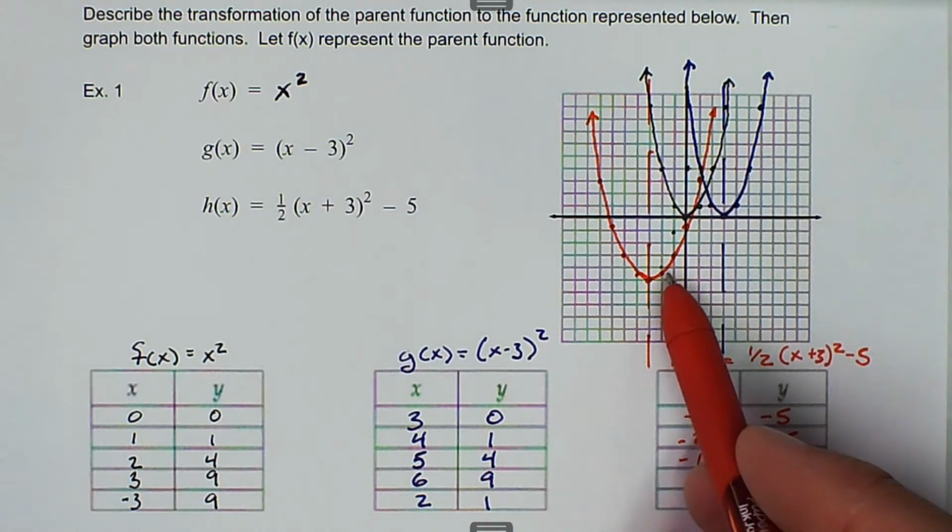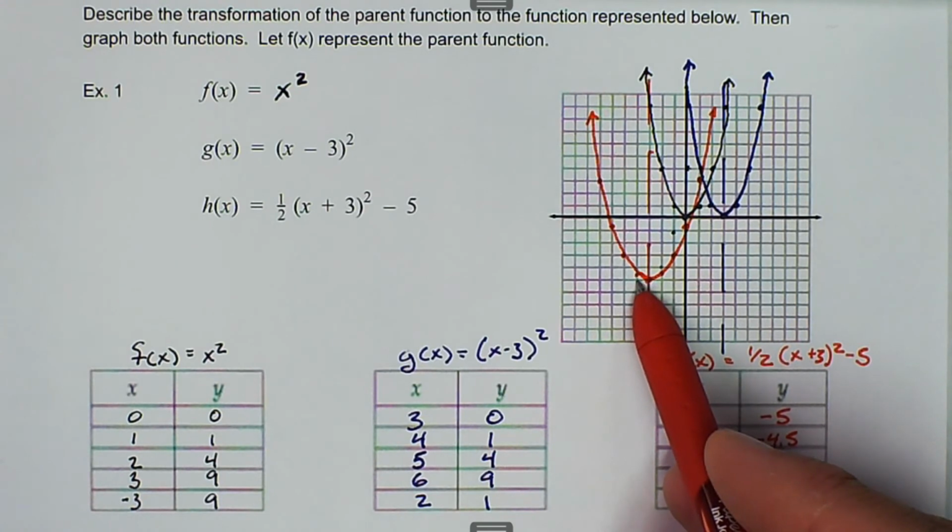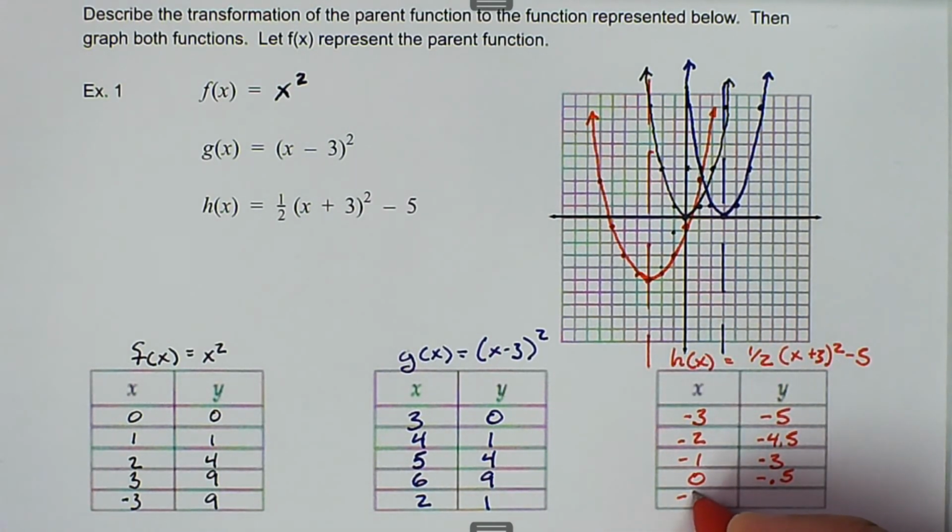And one more point we can pick, negative 4, negative 4.5.